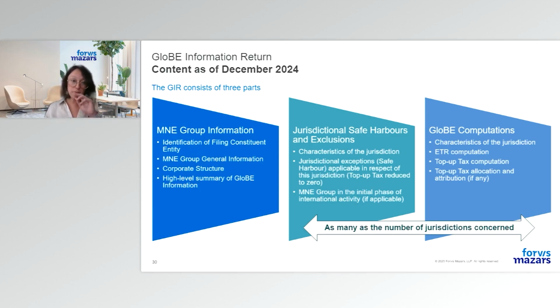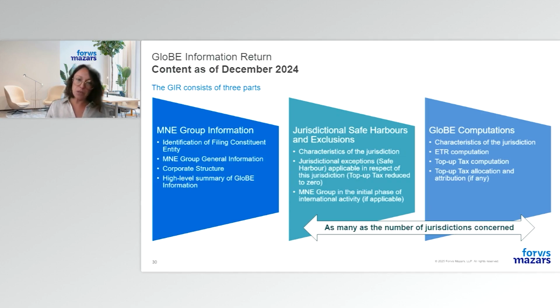The filing constituent entity shall complete these 2 sections on a jurisdictional basis. The second section is for if the jurisdiction is applying an exception to the GloBE computation. And the third part is to be filed if the jurisdiction does not apply an exception to the GloBE computation.